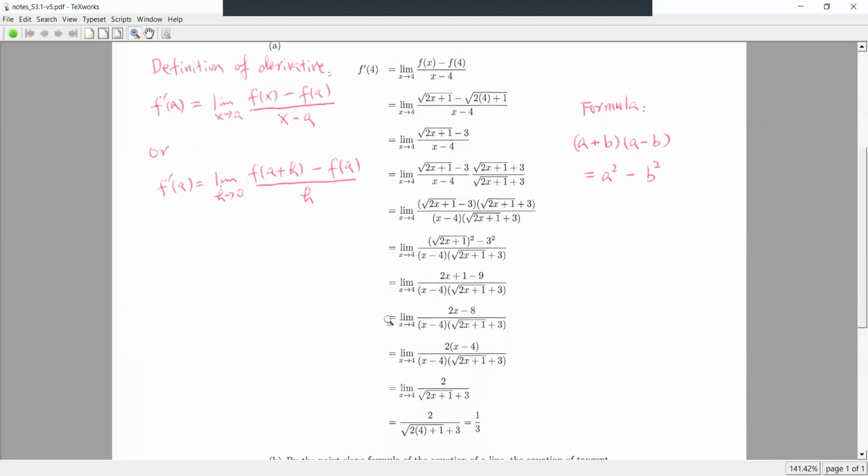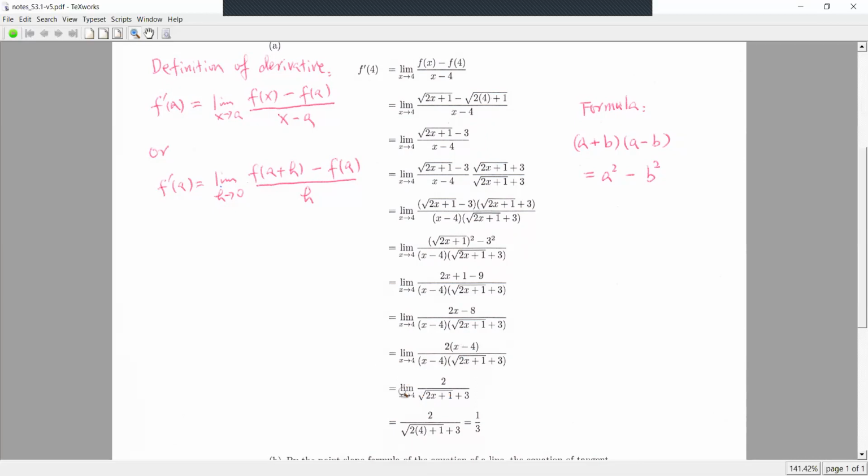We have this equation. Take out the number 2, and we have this equation. Cancel x minus 4 from the top and from the bottom. Then we have this equation.